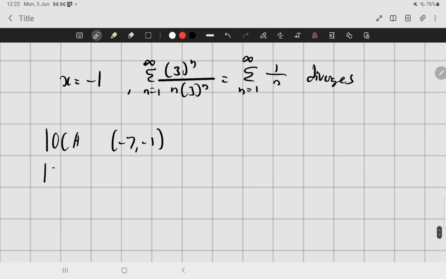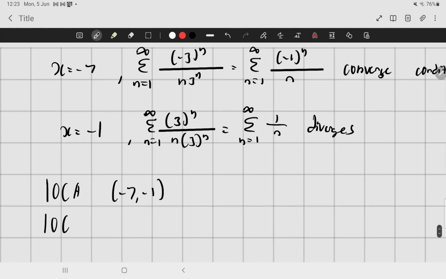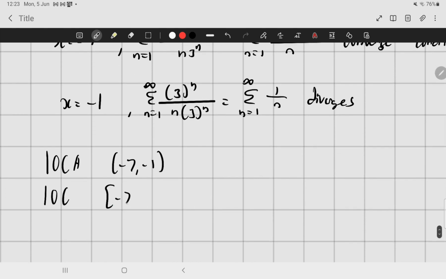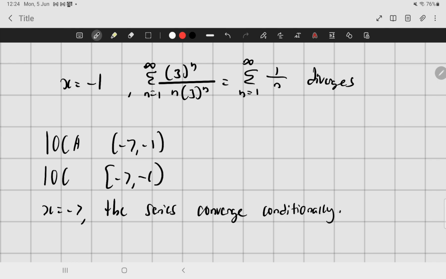Now, the interval of convergence includes the endpoint where the series converges conditionally. So it includes -7, and at x = -7 the series converges conditionally.